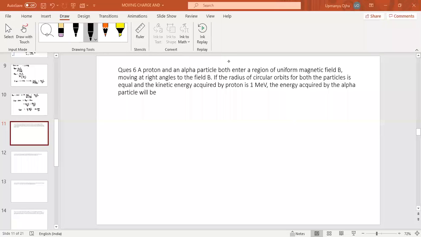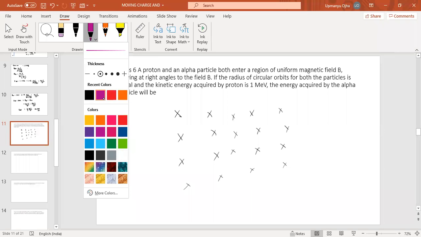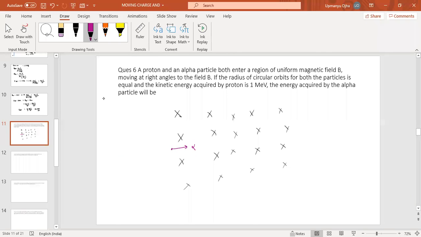Okay, so both the alpha particle and the proton are entering the field, moving in the plane, so we can assume that the magnetic field is inside the plane. So we have two particles, one is alpha and the other is proton.